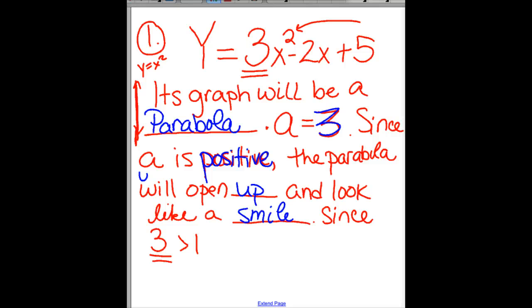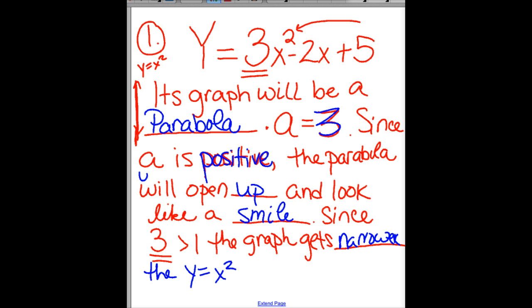It's kind of like if I put you in a stretching machine and stretched you out to 3 times your height, you'd get very skinny. It's like a piece of gum when you stretch it. And so the graph gets narrower than the parent function, not wider. We're going to have to put that in our notes also on the previous page. So it'll get narrower than y equals x squared, which is the parent function.